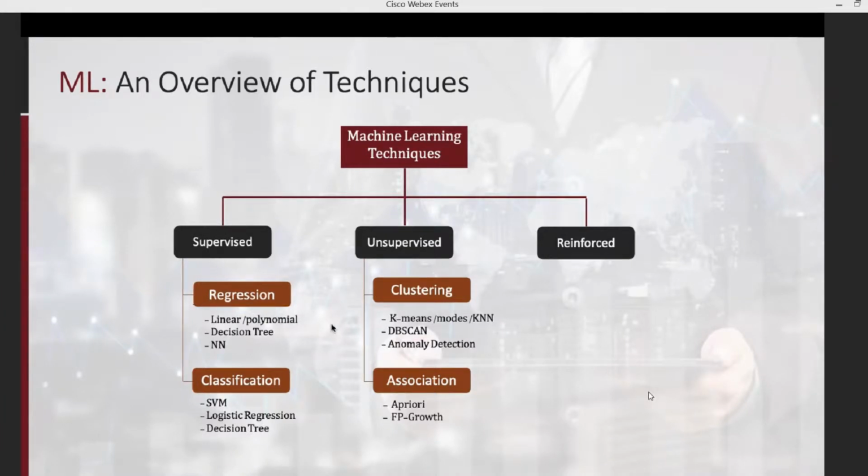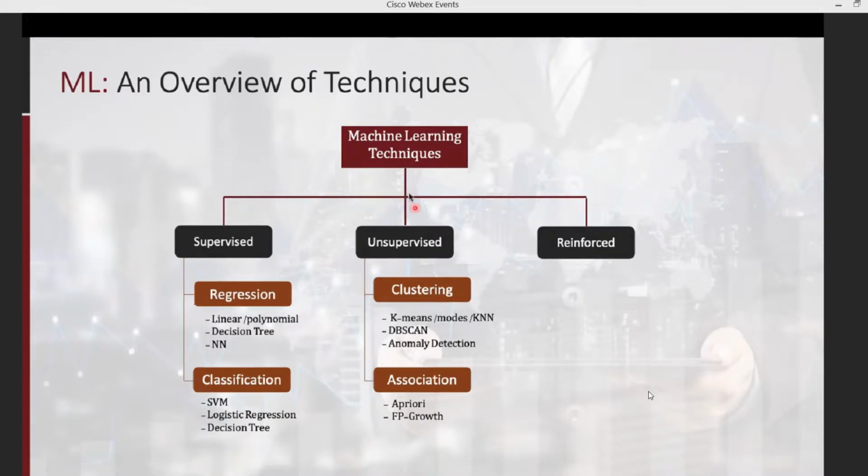When we talk about regression, we have linear and polynomial regression lines, which I talked about in the previous slide. We have decision trees, like the one I've created over here, which follow a hierarchical structure. If I have a data set and it needs to create a split, it will create three splits on the basis of input signal and so on. That is what a decision tree does.